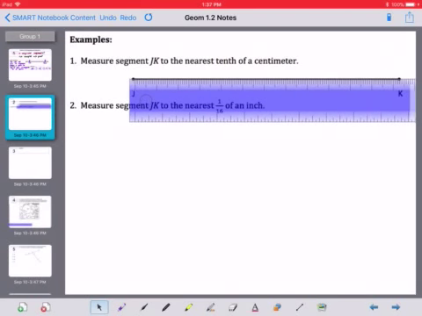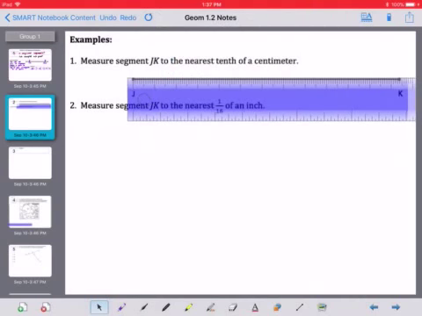We line up our ruler so that the first tick mark is right at the center of point J, and count over until we get to K. I've got 1, 2, 3, 4, 5, 6, 7, 8, 9, 10, 11, 12, and then these little tick marks are 0.1, 0.2, 0.3, 0.4 centimeters.